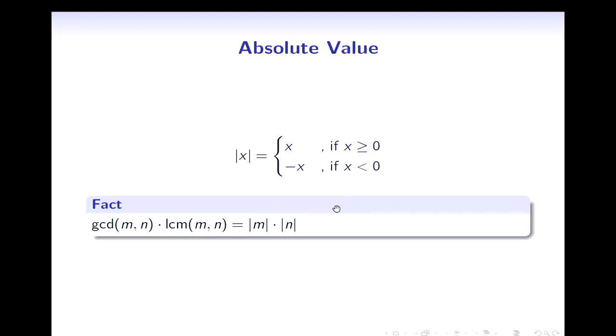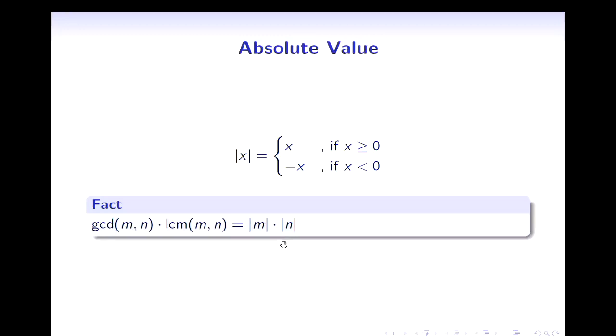Another interesting mathematical fact is that when you multiply the greatest common divisor of two numbers with the least common multiple of these two numbers, then this will always give you m times n, or since we want to extend this to cover integers, which can be negative, it will actually have to be the absolute value of m and n that you multiply.